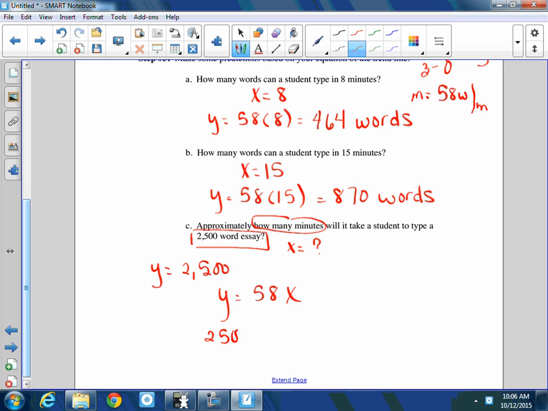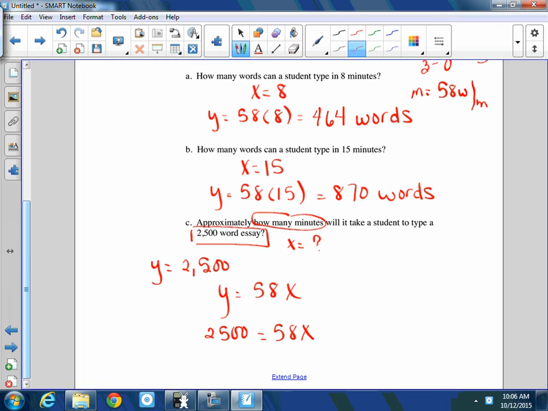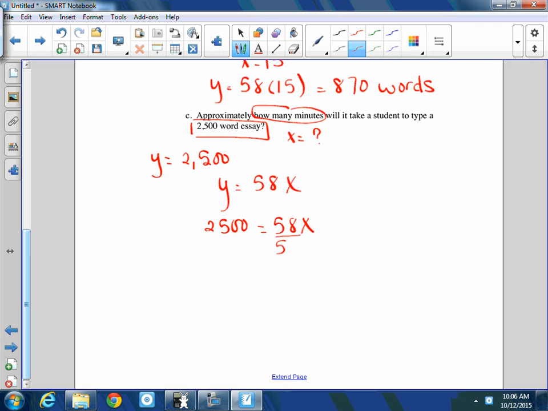So that would be 2,500 equals 58x. I am going to divide by 58. So 2,500 divided by 58 would be 43.1. But we're going to say about 43 minutes.